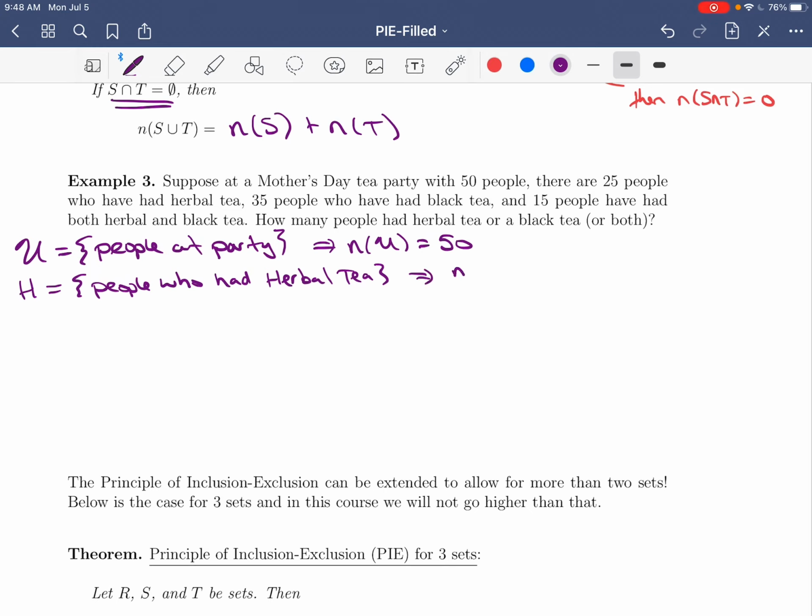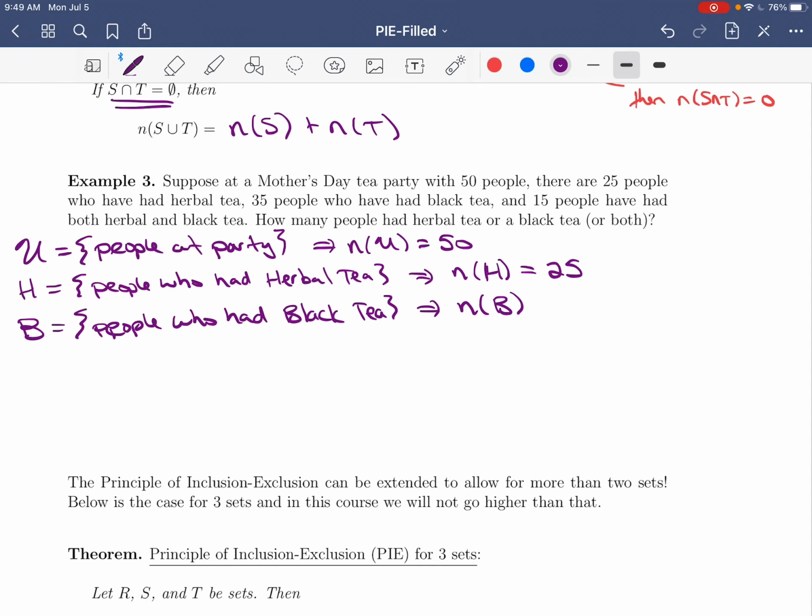So then I know the number in H is 25. I'm just using these letters so that I know what they are. You can pick whatever you want, but I'm picking H and B because of herbal and black. This is the people who had black tea, which means the number of things in B is 35, because 35 people had black tea.